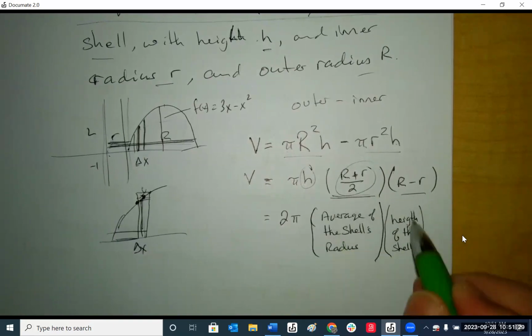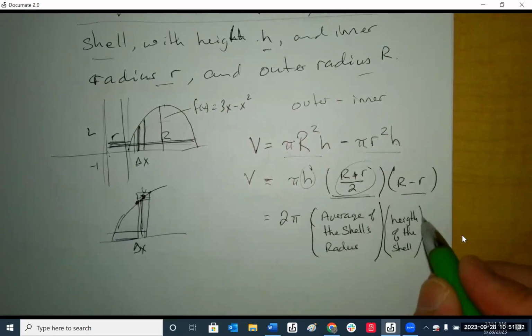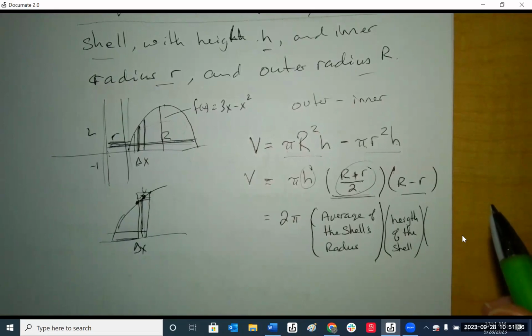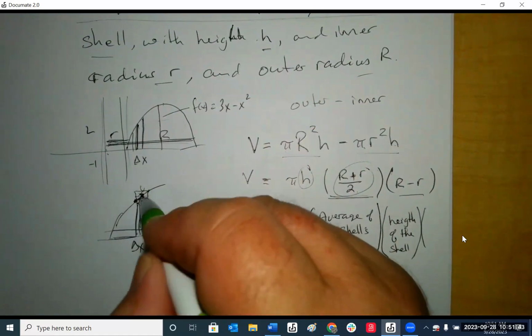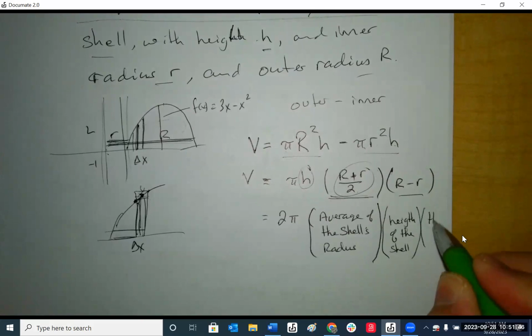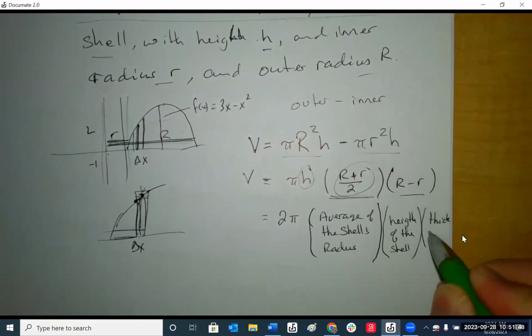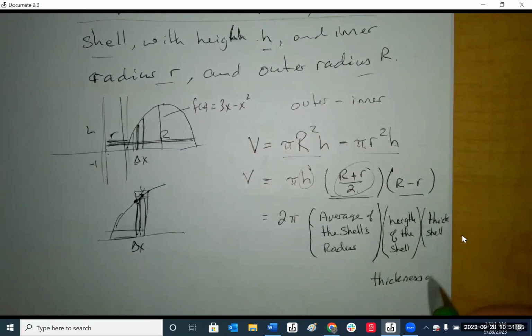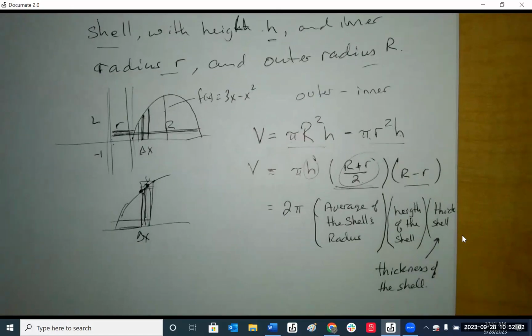So we have our height of the shell, we have the average. And what do you think big R minus small r defines? The thickness of the shell. How thick are these slabs? Thickness of the shell. That's what goes there.